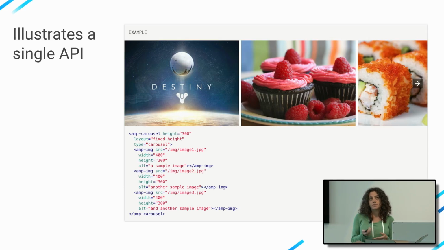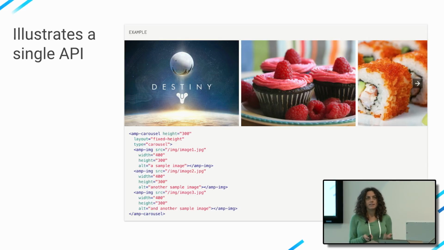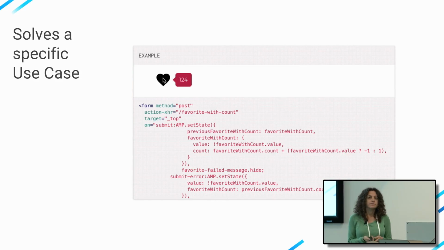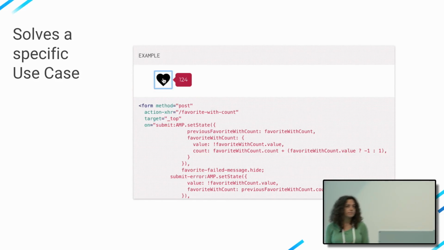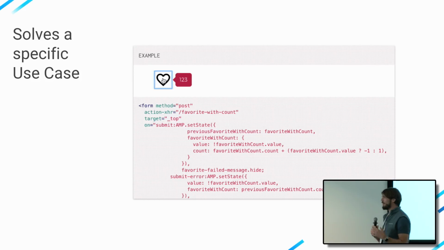By copying and pasting this code, maybe just changing the URL of the images, a developer should be able to directly see the AMP carousel in action. On AMP by example, we know that those types of samples are the most popular with developers.